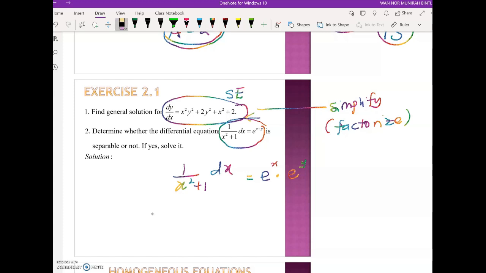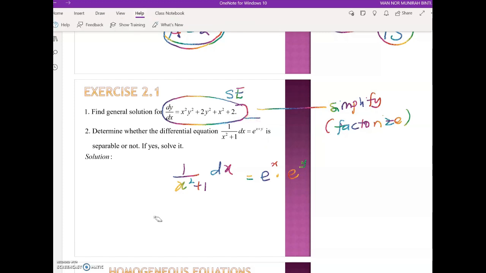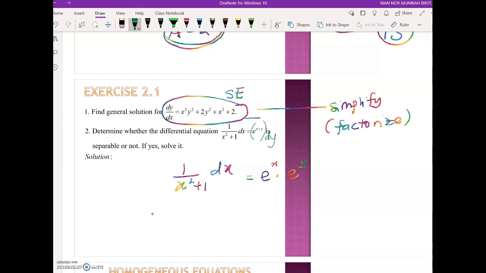I think this question left out one piece of information here. Please add on your right hand side e^x y dy. Is it separable or not? If yes, solve it. If not, just leave it.